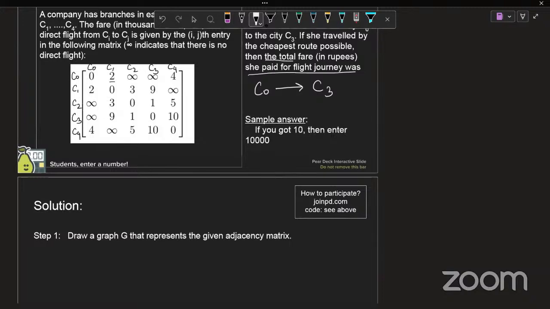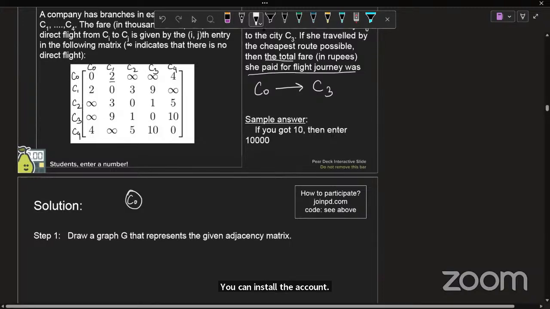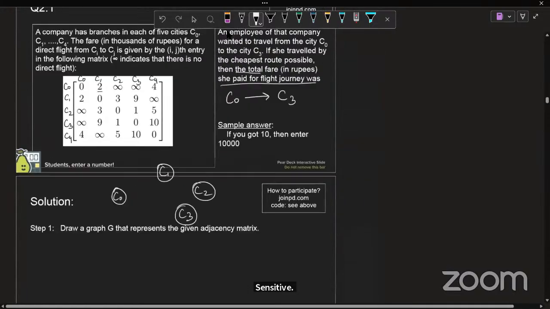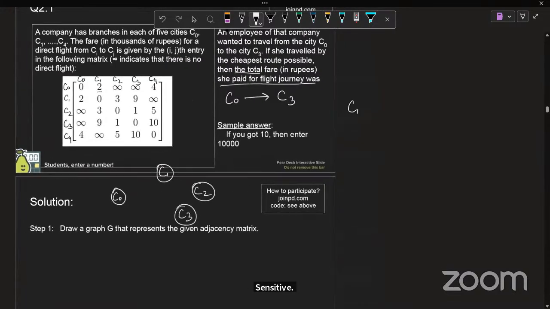Okay, let's draw the graph. How to draw the graph? Put the vertices C0, C1, C2, C3, C4.